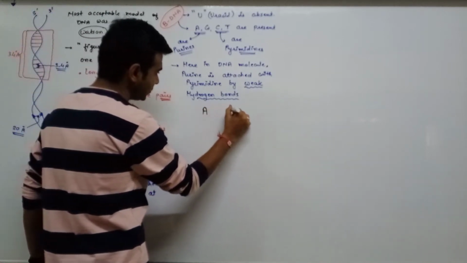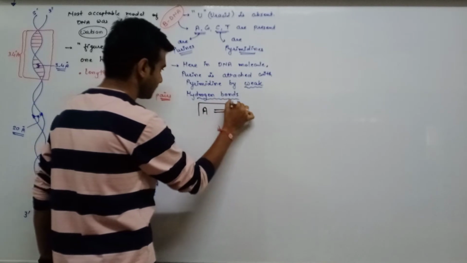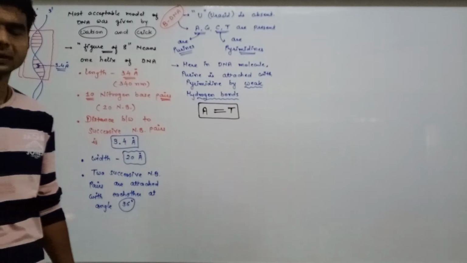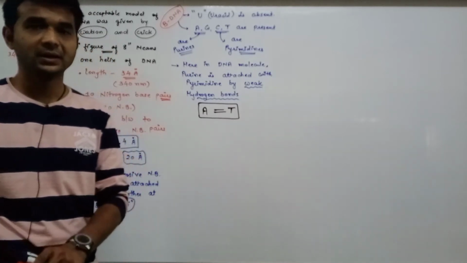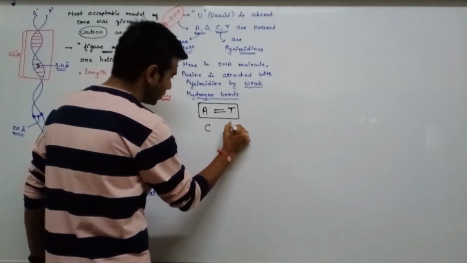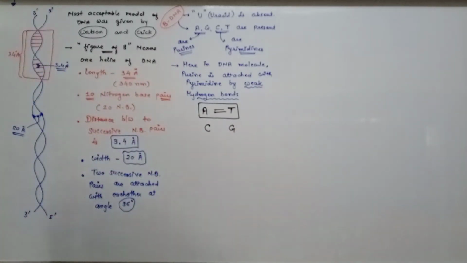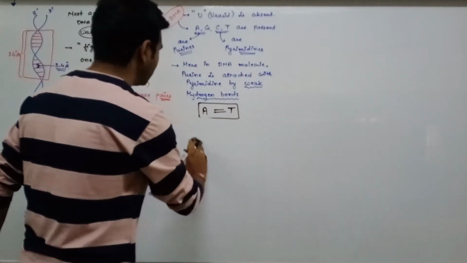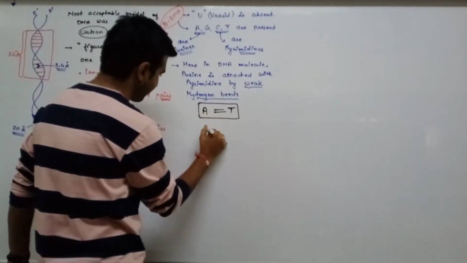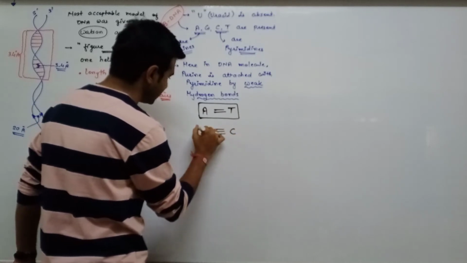Adenine is always attached with thymine with two weak hydrogen bonds, and cytosine with guanine. Here on one side I will write the cytosine and on another side I will write the guanine, with three weak hydrogen bonds.